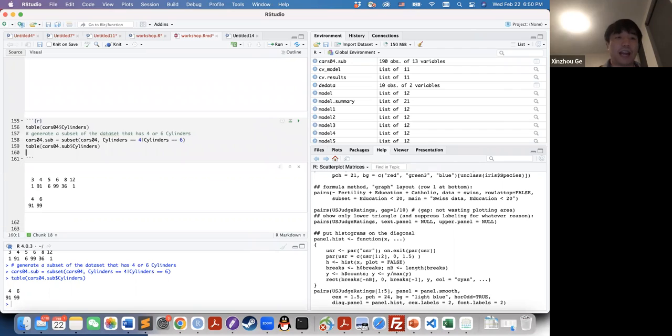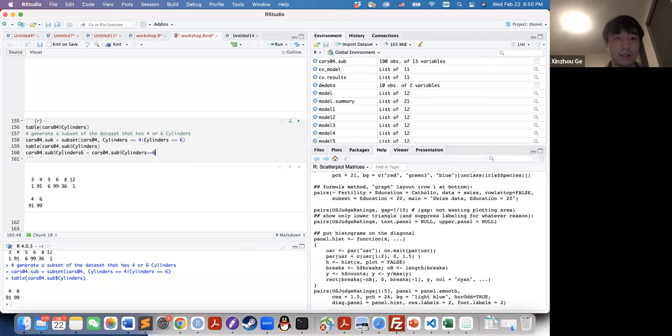So first we can add an extra column to this dataset, and we can name it cylinder6 to indicate whether this car has 6 cylinders or not.